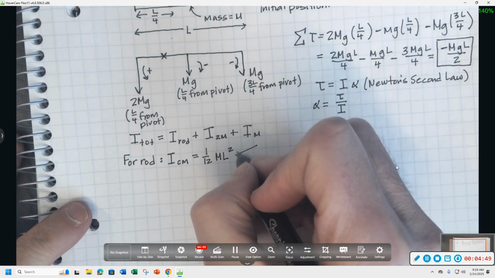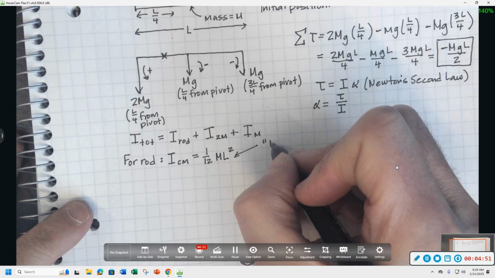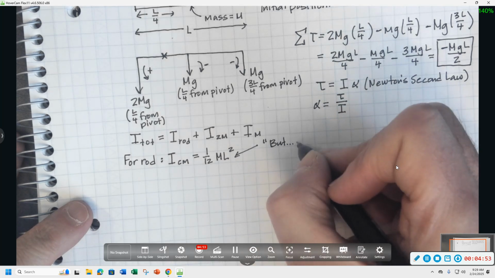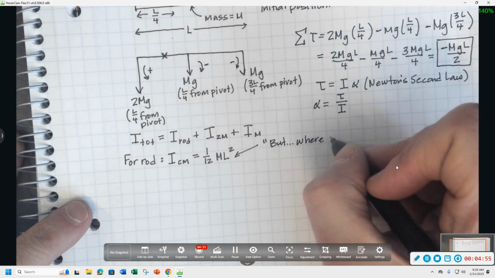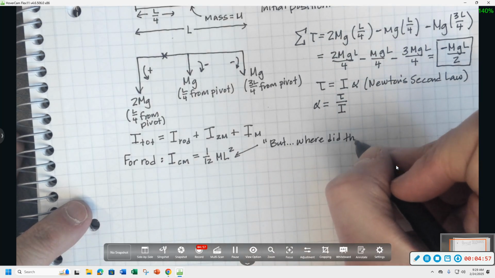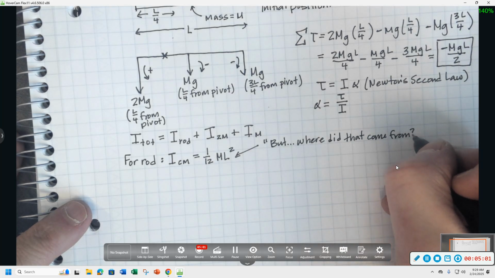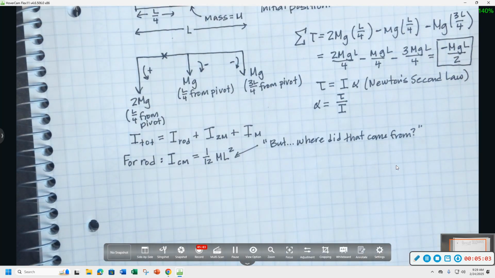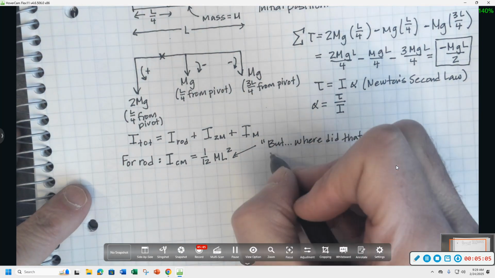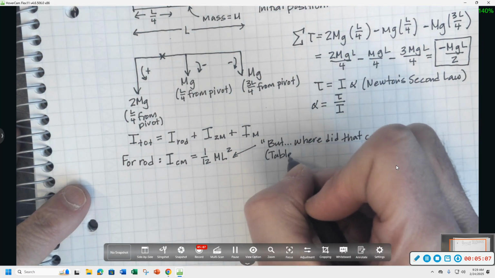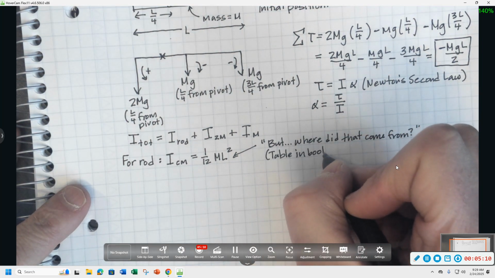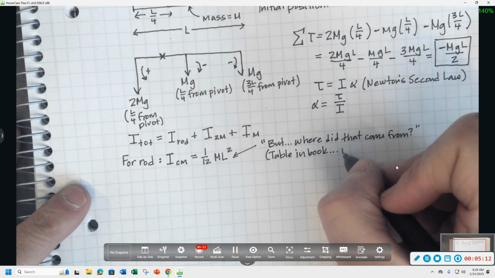And you are like, rightly so, but where did that come from? There's a table in the book. And we did this in class.